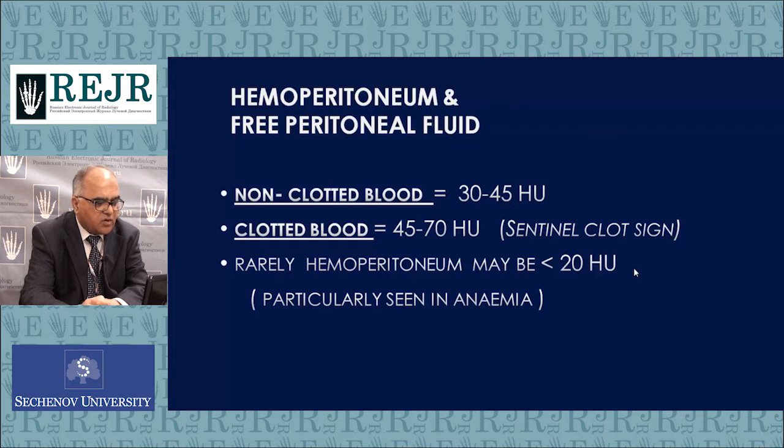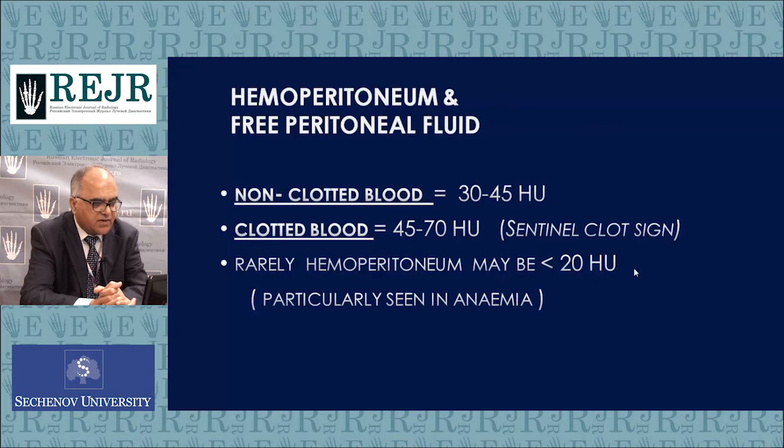Non-clotted blood on CT will be 30 to 45 Hounsfield units, while clotted blood will show 45 to 70 Hounsfield units, and this is also known as the sentinel clot sign, which helps us to direct the clinicians about the possible region of active bleeding.